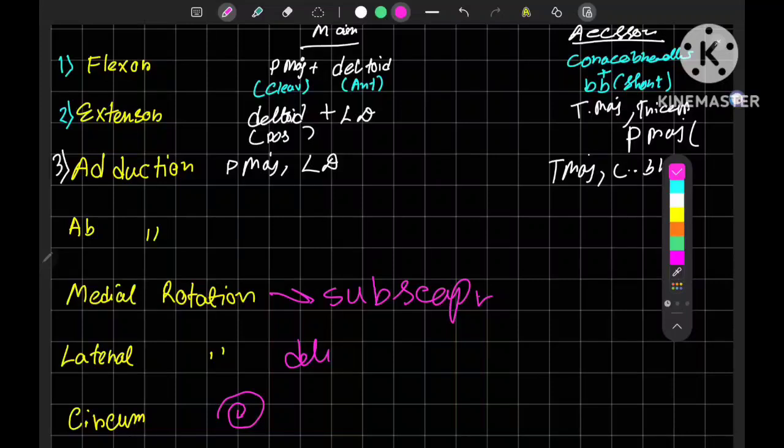Circumduction is the combination of all the above muscles, creating a circle-like motion which covers all the muscles and movements, because all the muscles are involved. So this is deltoid.